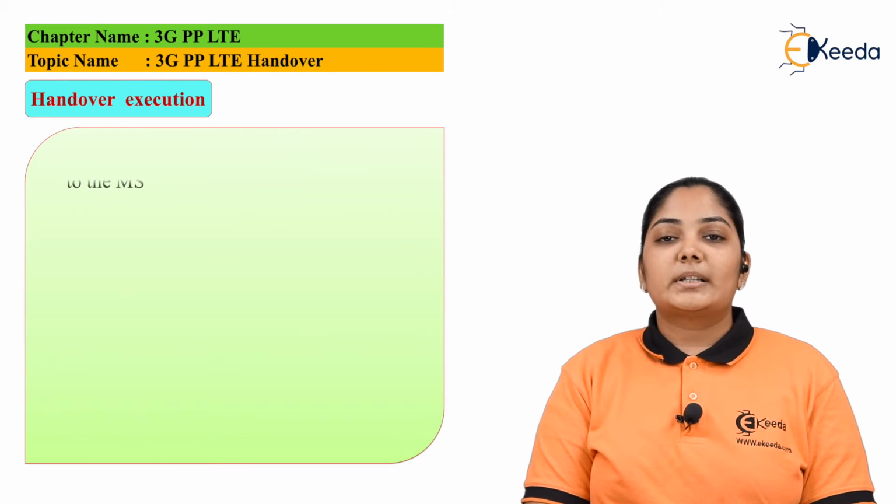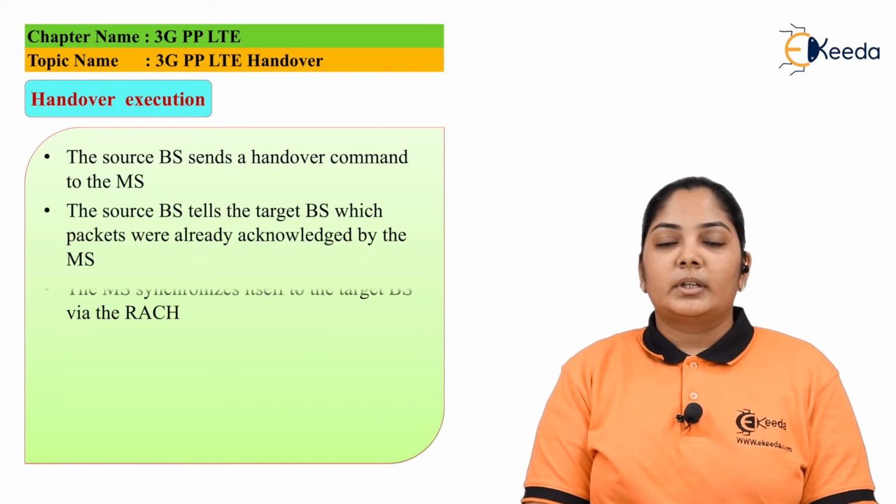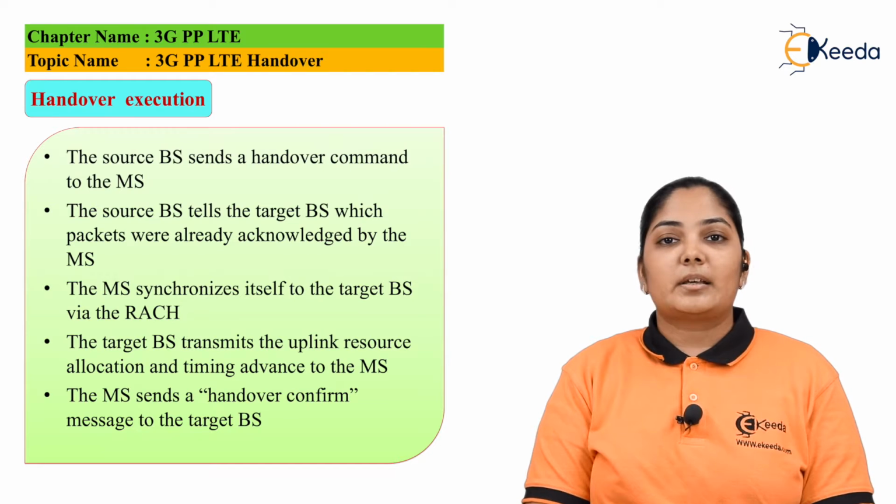Now let us move towards the handover execution. The source base station sends a handover command to the mobile station. Remember, till the first step there is a handoff acknowledgement between the two base stations that has happened. Now the older base station will send the handover command to the mobile station.